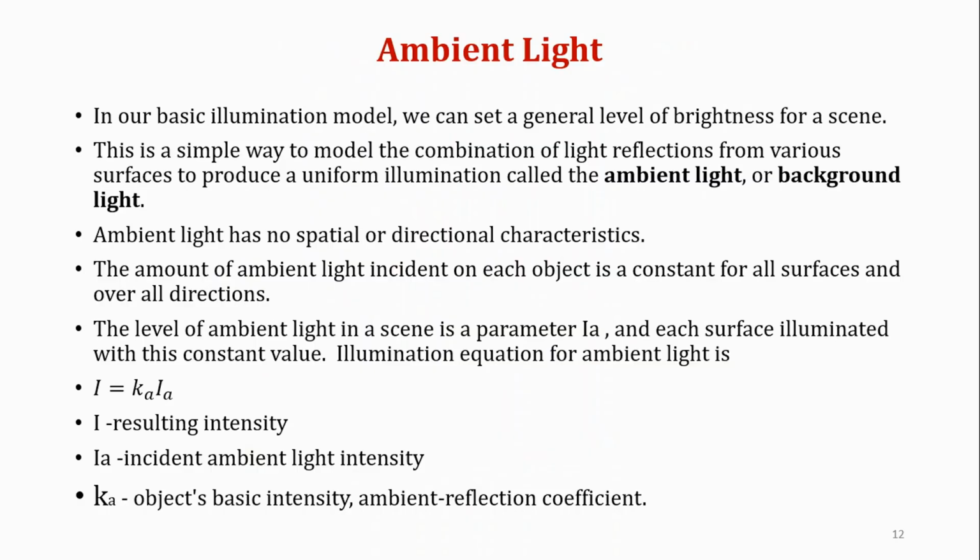Its purpose is to prevent completely dark regions in rendered scenes. The ambient illumination equation can be written as I = Ka * Ia, where Ka is the object's basic intensity, Ia is the incident ambient light intensity, and I is the resulting intensity. So that is ambient light.